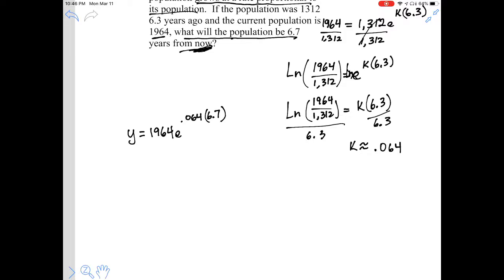So again, trying to chunk that down, I'd probably multiply those together first. So 0.064 multiplied by 6.7, and then raise e to that power, and then multiply that by 1,964, and we get roughly 3,016.